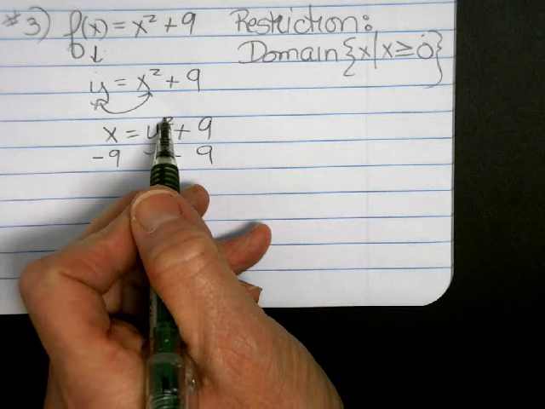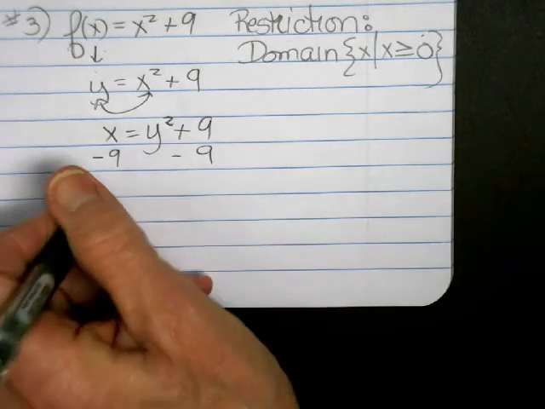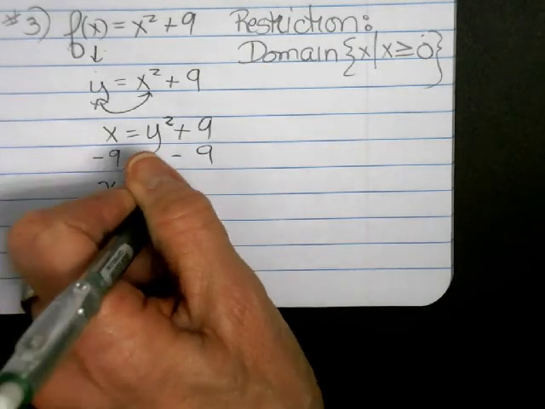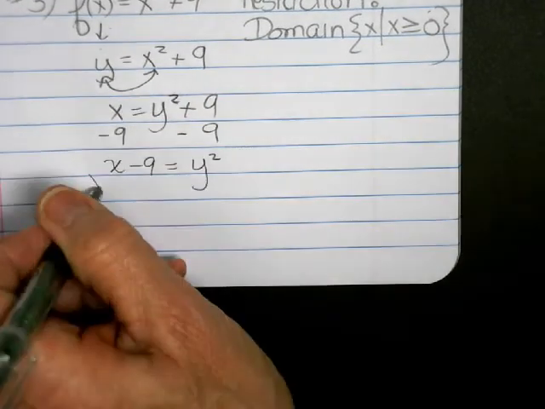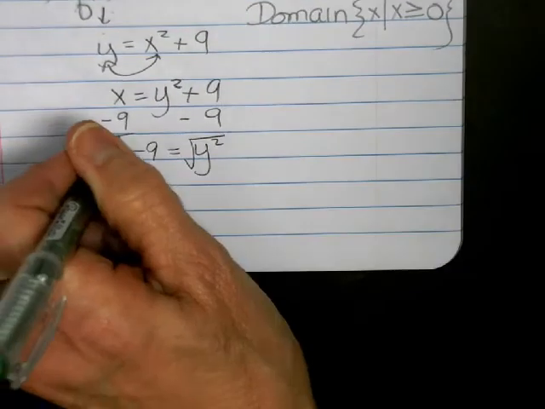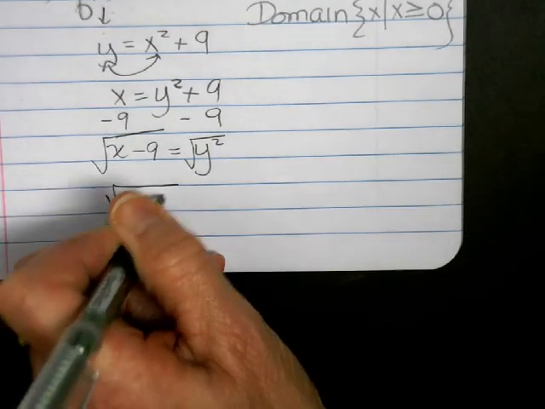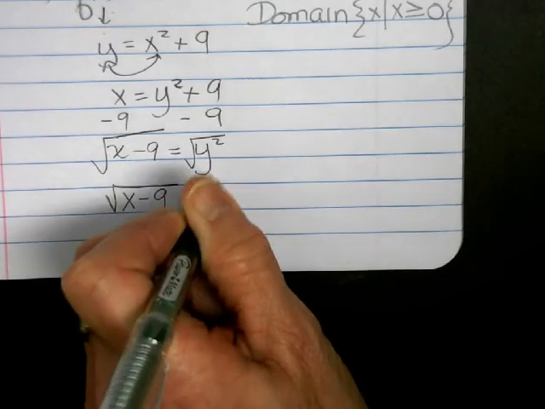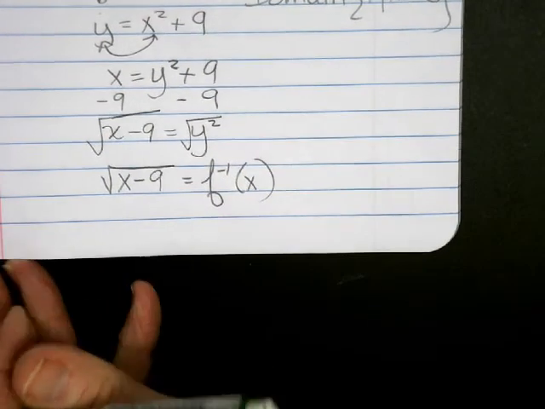But when you have a choice between the inverse of add and the inverse of square, that's why we move the 9 first. So I have x minus 9, and we isolate the squared term, so then when I take the square root of both sides, I've got what I want. So square root of the entire story, x minus 9, that's the inverse.